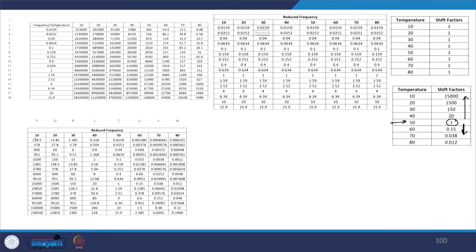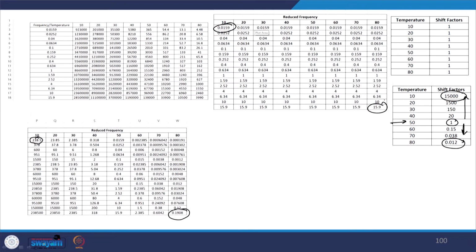Once I multiply the shift factors with each cell for a respective column, you will get these values. For example, this 238.5 is equal to 15,000 into 0.0159. Similarly, let us take another random point. This 0.1908 is equal to the shift factor at 80 degrees Celsius multiplied by the last value, that is 15.9.